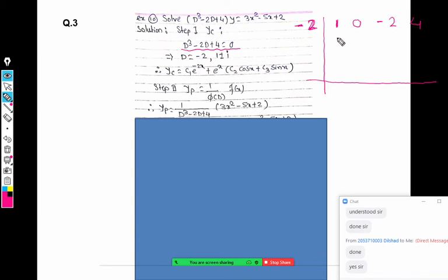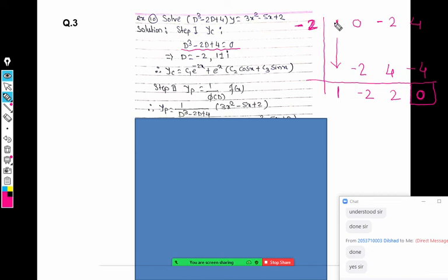Synthetic division says the first term we keep as it is, 1. Multiply 1 into minus 2 and add it: 0 plus minus 2 is minus 2. Minus 2 into minus 2 is 4. Minus 2 plus 4 is 2. 2 into minus 2 is minus 4, and this last term should be 0. That indicates this is a correct root. So minus 2 is a correct root.